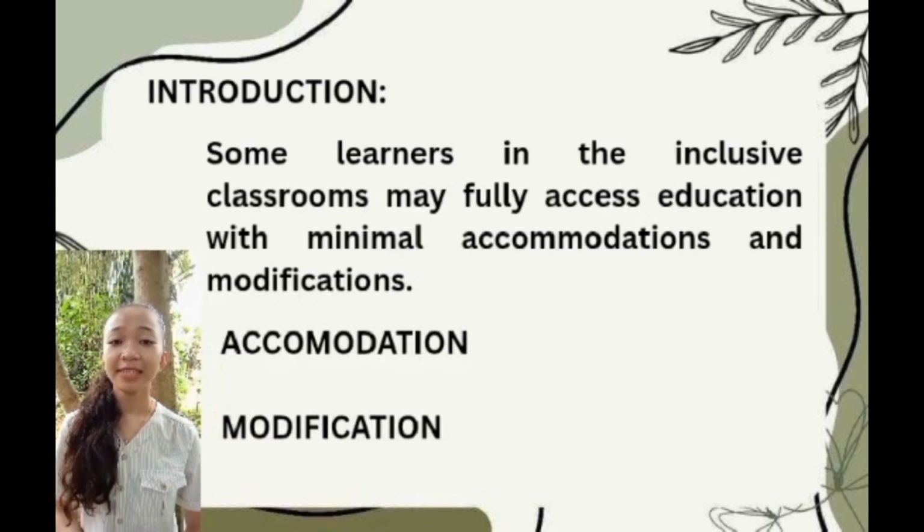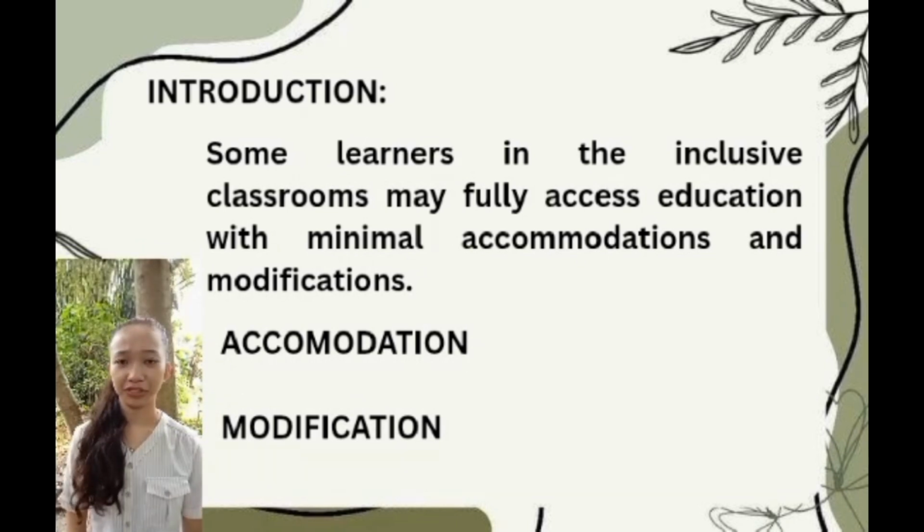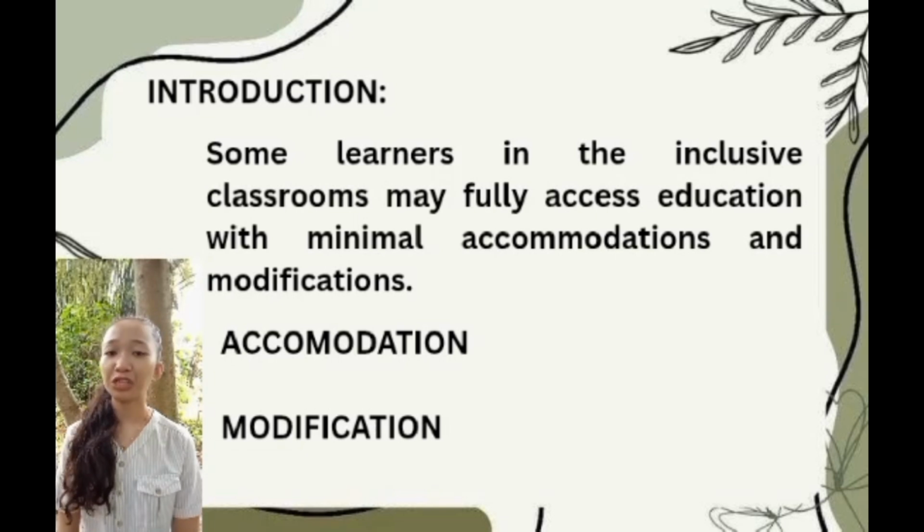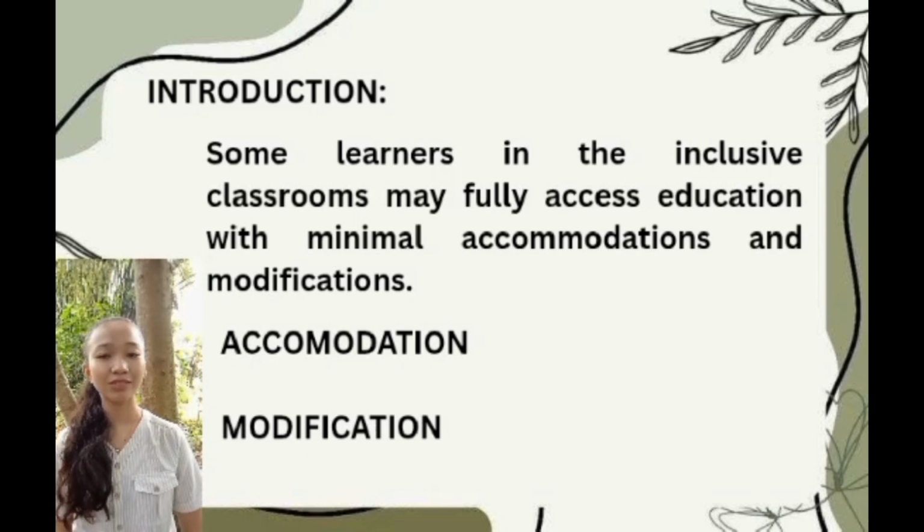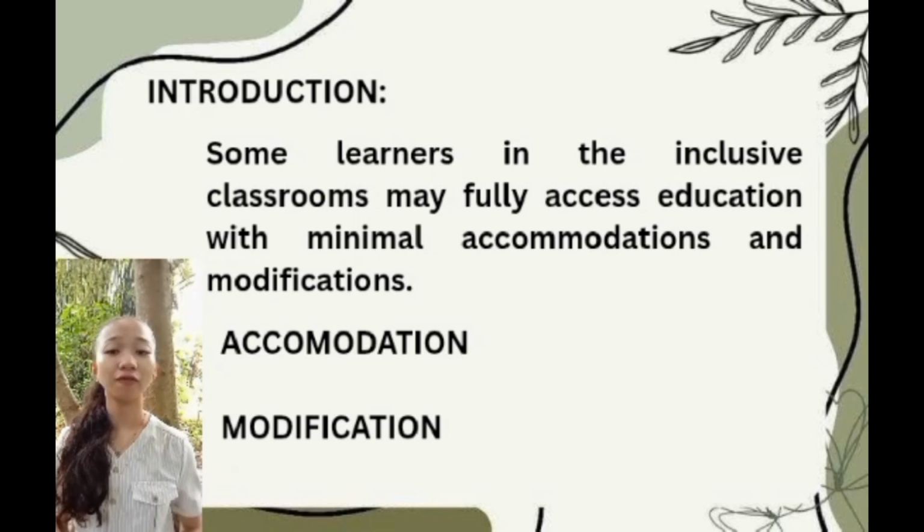Some learners in the inclusive classroom may fully access education with minimal accommodation and modification. Accommodations are adjustments made in the learning environment that allow students to complete the same work as their peers without altering the fundamental requirements of the task.